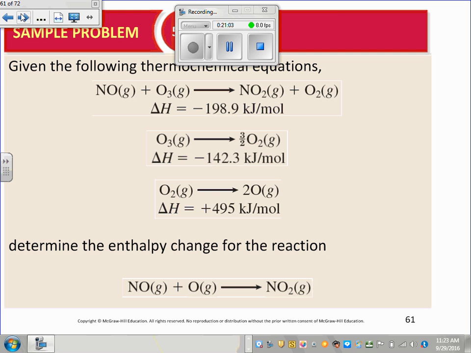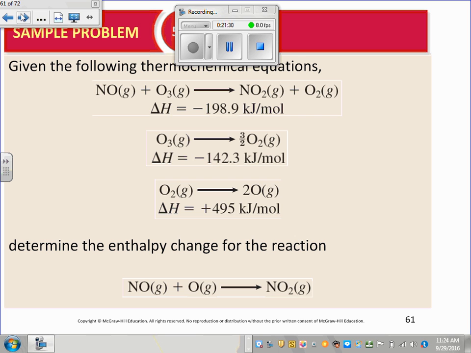So I'm going to take the second equation and flip it. And I have 3 halves oxygen goes to O3. Since I flipped it, that delta H is going to become positive 142.3.